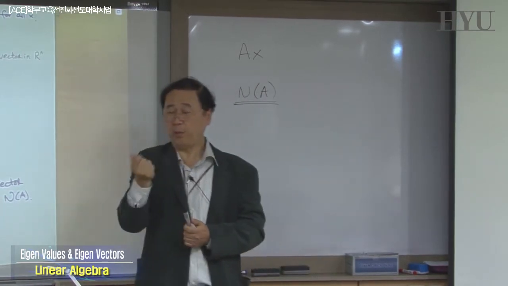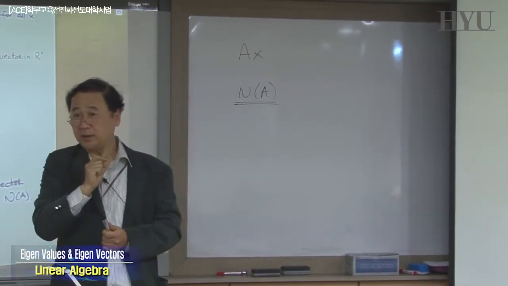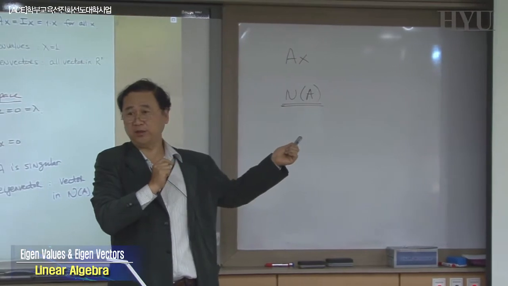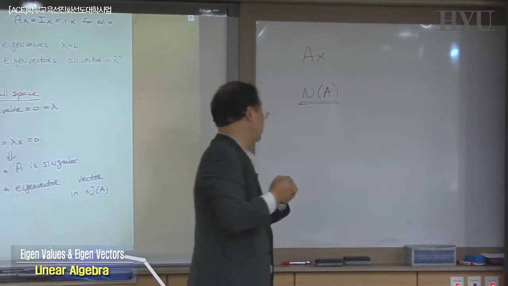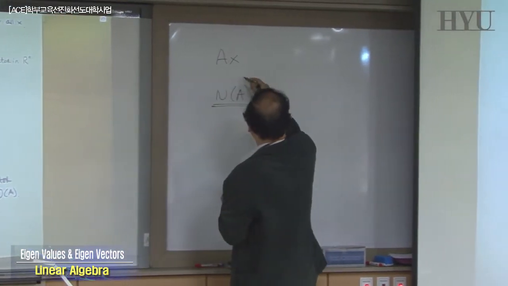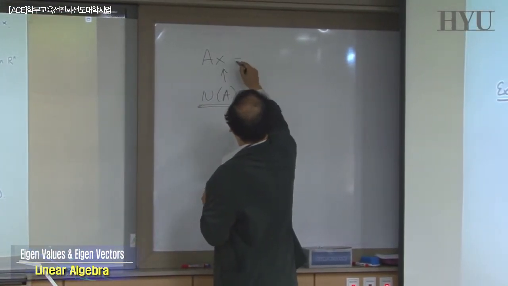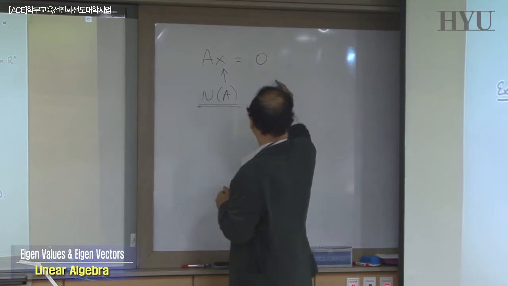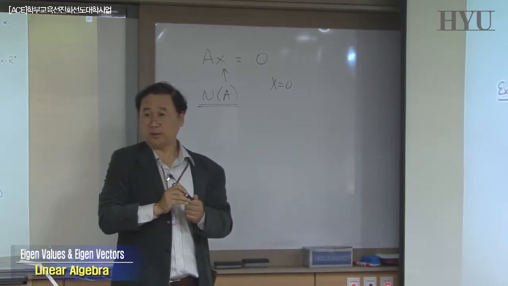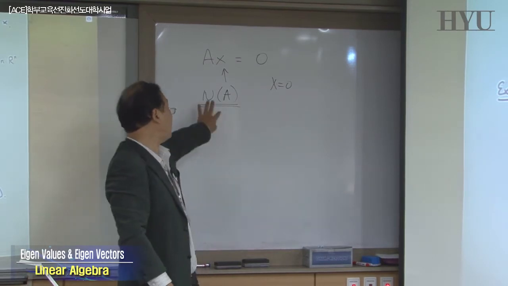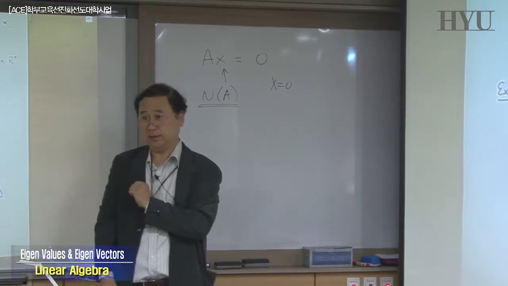When you pick any vector from the null space and apply A, what's the result? It's the 0 vector, right? So whatever belongs to the null space, the result is 0. It means lambda is 0, right? So the eigenvectors are every vector in this null space. Okay?